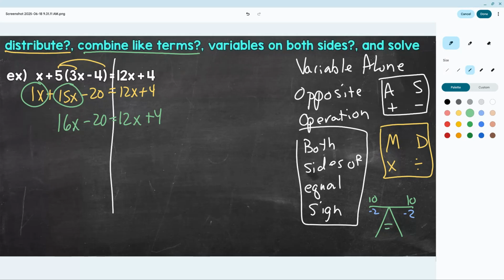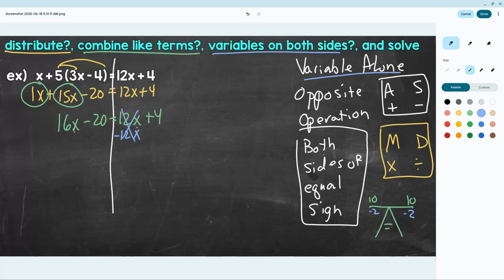Now I look at it and I go, I have variables on both sides. Well, if the whole goal is to get the variable alone, I can't have variables on the left and the right. So I'm going to say, hey, I want to get them all to one side. The suggestion is to get rid of the smallest variable. So if I minus 12x here, do you agree that the variable disappears there?